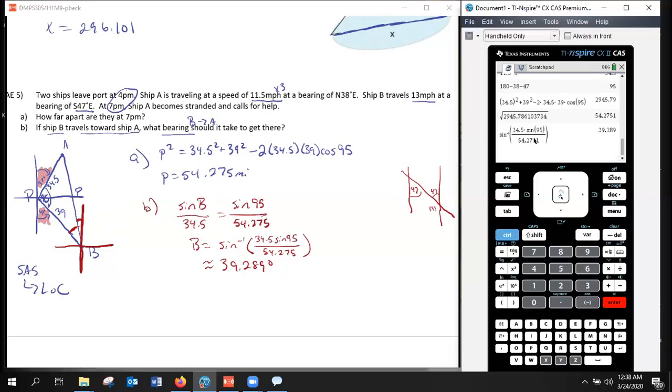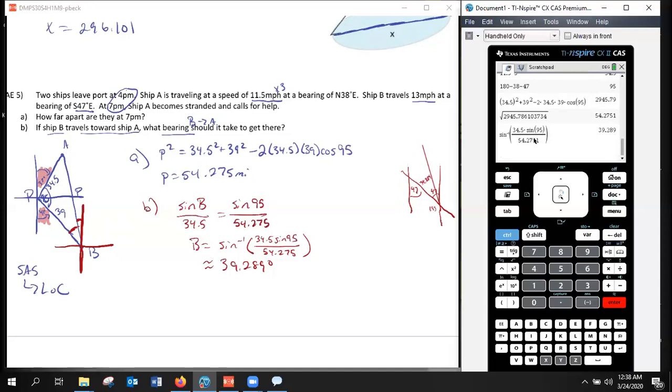I prefer to focus on that 47 degrees because this part of the triangle gives us an angle right here of 39.289 degrees.